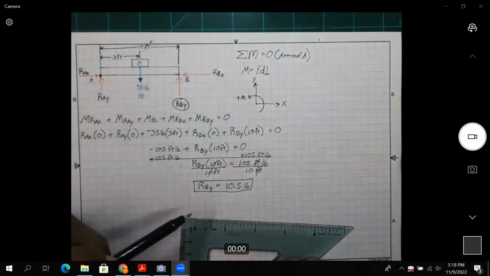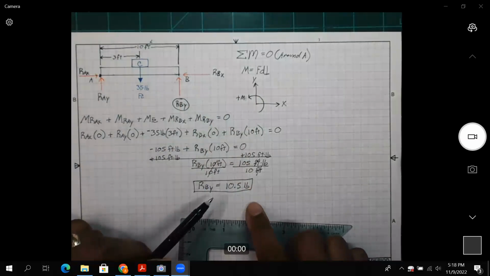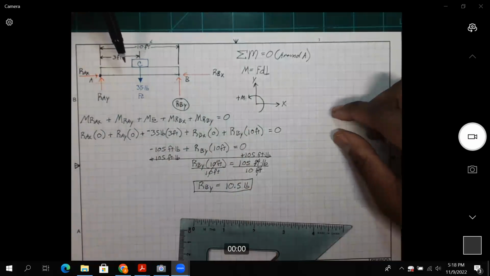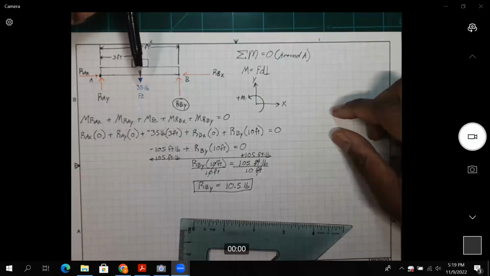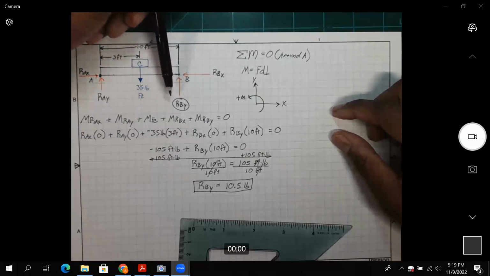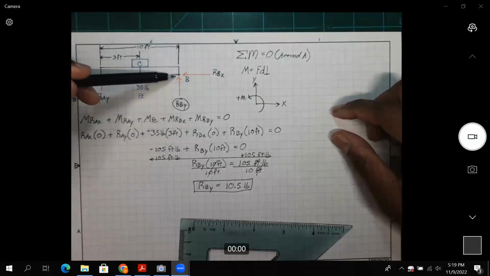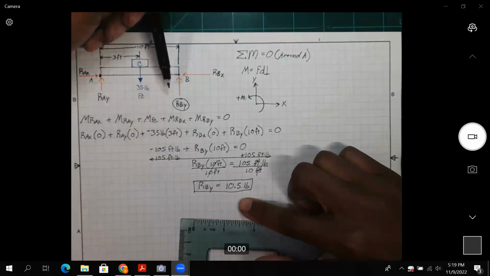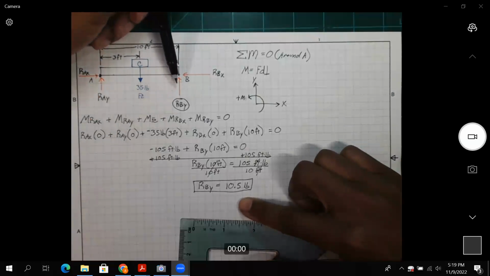Okay, so now what this is saying is that in order to keep this beam in rotational equilibrium, we have a 35-pound force going in the clockwise direction. And to counter that 35-pound force, we have a force at joint B. And that force is 10.5 pounds, okay?